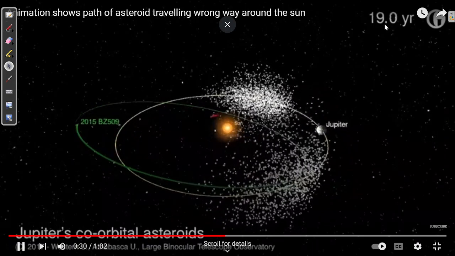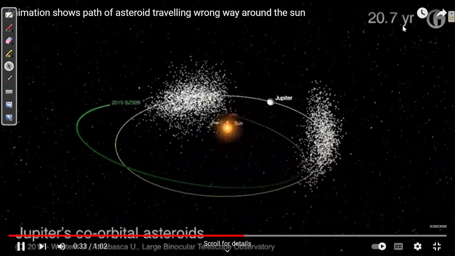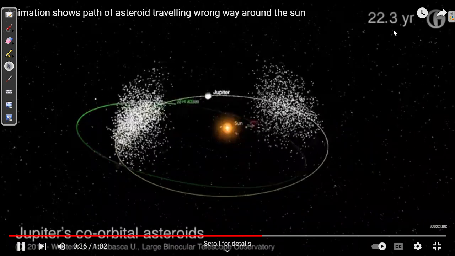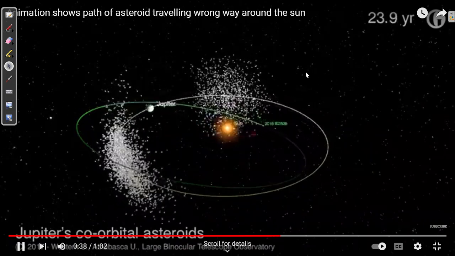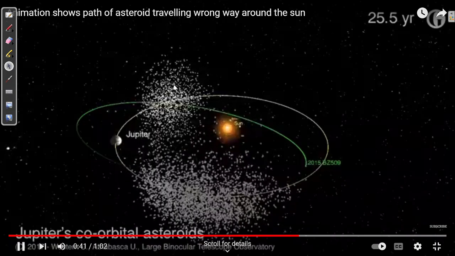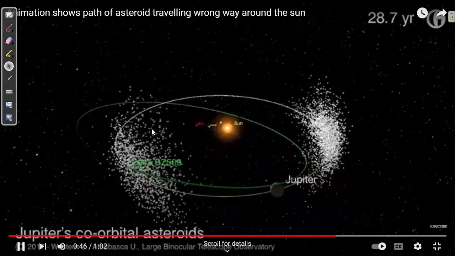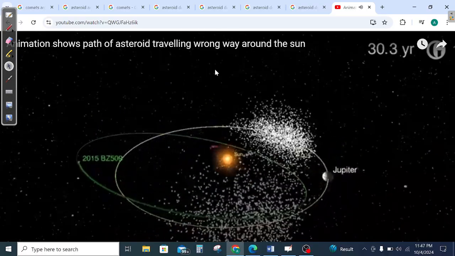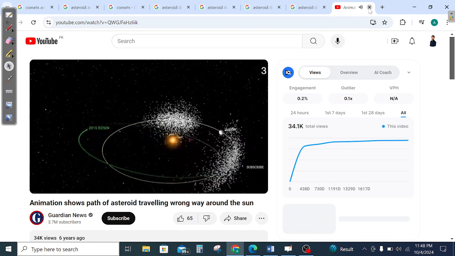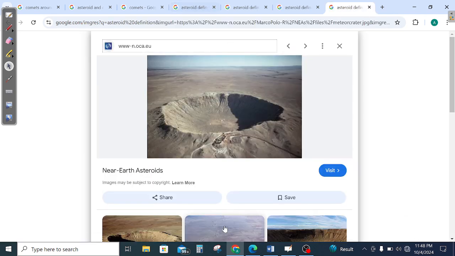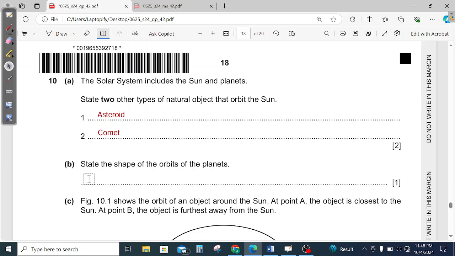This is mentioned here, 19.4 years. It means as time is passing, multiple asteroids are coming from outside and gathering around the sun. Is it clear now? So this is the clear picture of how they are revolving around the sun. Moving towards the next: state the shape of the orbit of the planet. The shape of the orbit of the planet is totally elliptical. Is it clear? It is not circular.